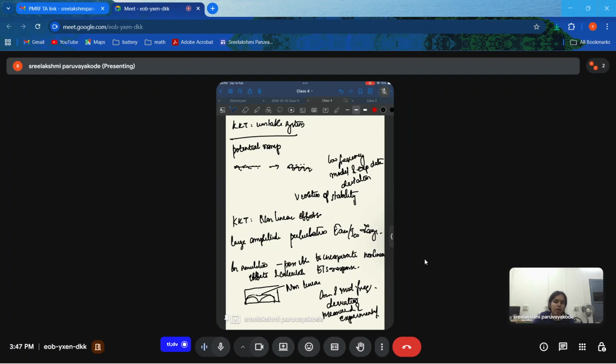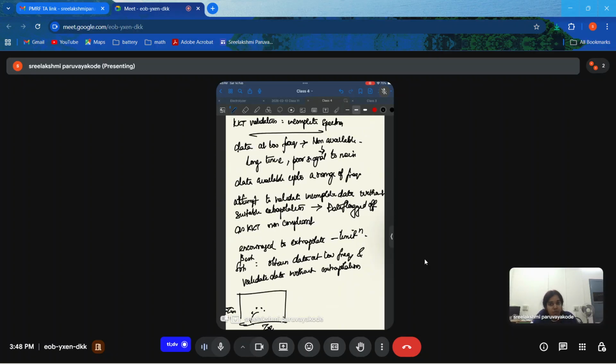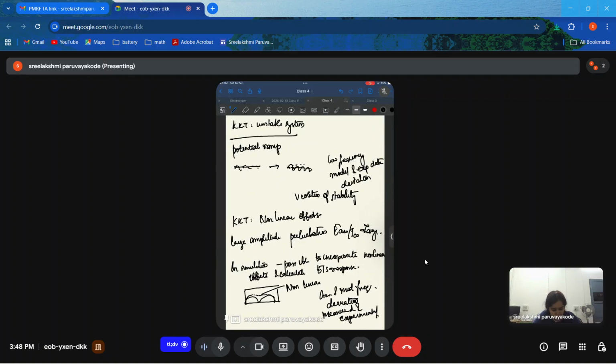In the same way, we can say that this has been attributed not to a nonlinear system but an unstable system. So we saw the unstable system, the incomplete spectra, and the next case was the nonlinear effect.